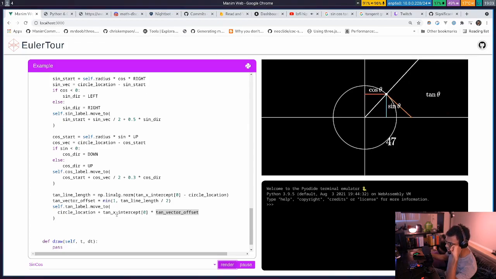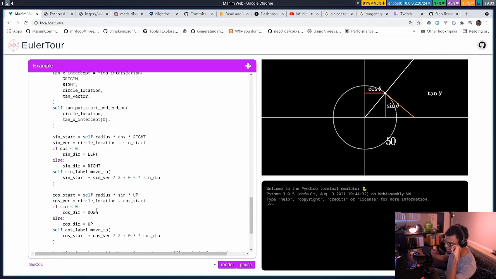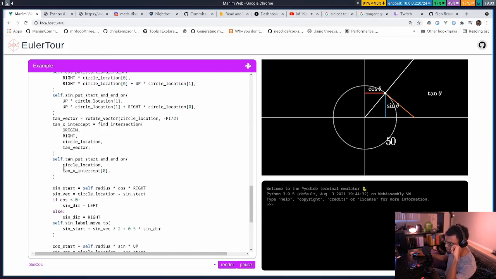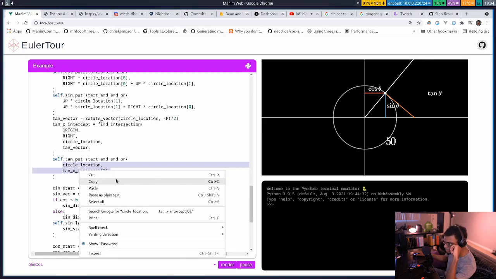Oh wait, this isn't a vector. This, tangent x-intercept. What I need here is a vector along that tangent line going toward the x-axis. So a normalized version of like that minus that.